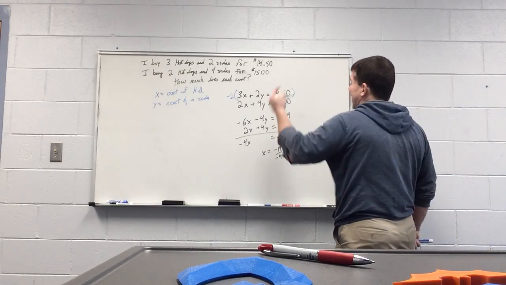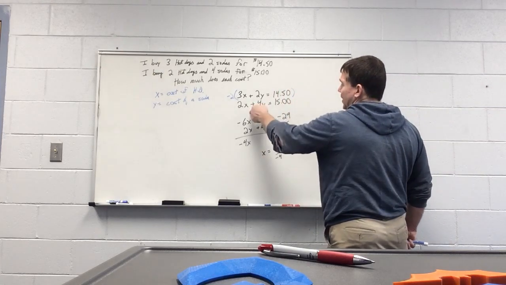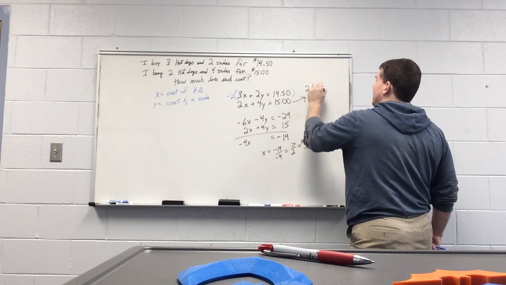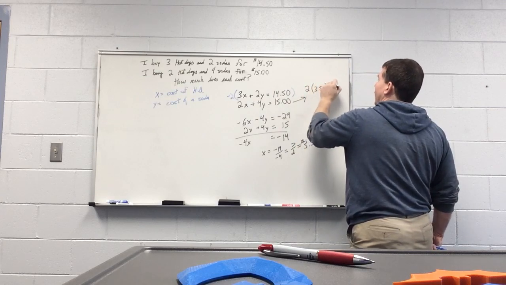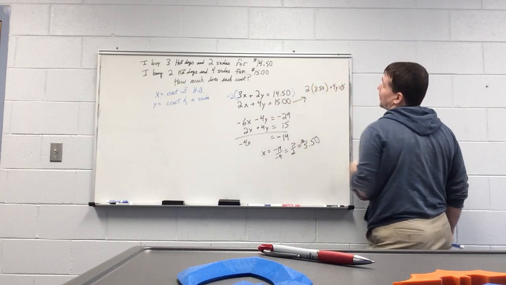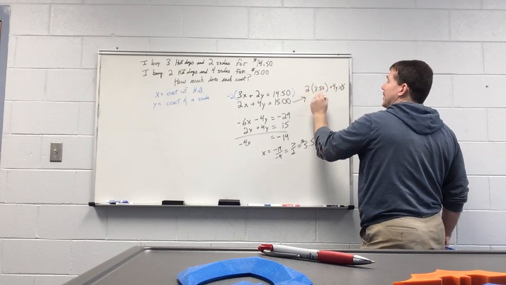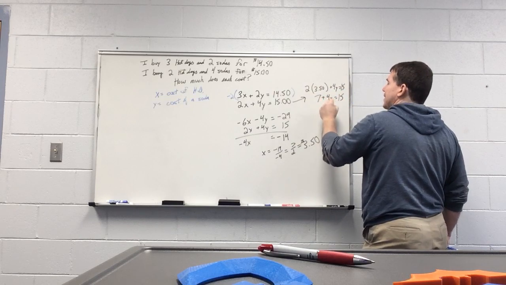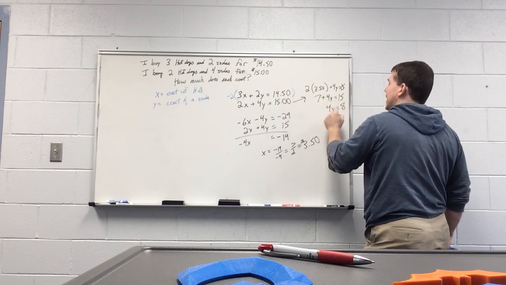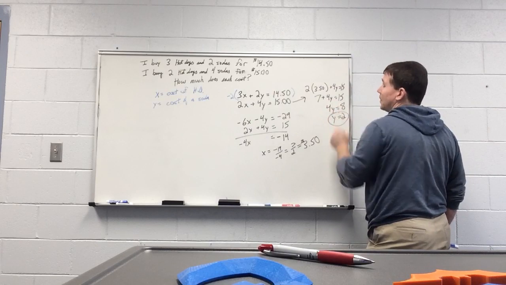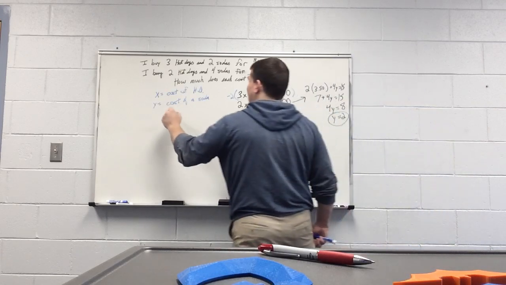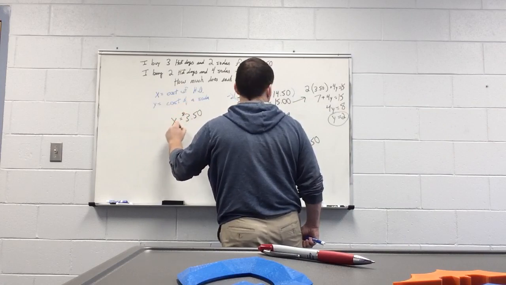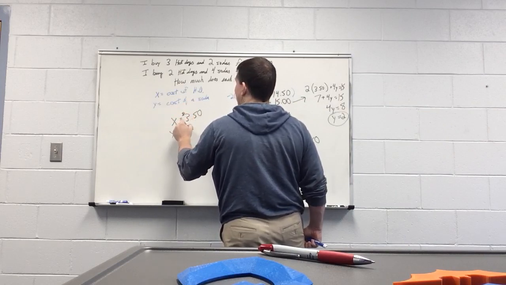Now, plug that into this one right here because it'll give me round numbers. 2 times x, which is 3.50, plus 4y equals 15. 2 times 3.50 is 7, so 7 plus 4y equals 15. 15 minus 7 is 8. 4y equals 8. y is equal to 2. And now I know x equals $3.50 and y equals $2.